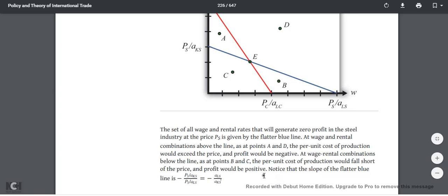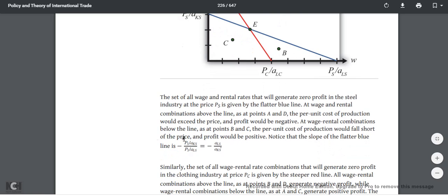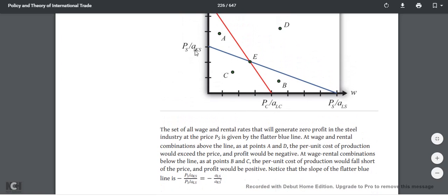Meanwhile, at a wage rental combination below the line, that is B and C, the per unit cost of production would fall short of the price and the profit would be positive. So note the slope of the flatter blue line, that is PS by AKS divided by PS by ALS, which is equal to minus ALS divided by AKS, because it is a negatively sloped curve, so the minus sign is used.